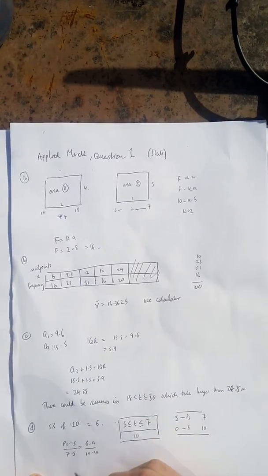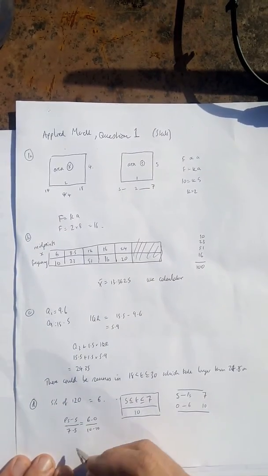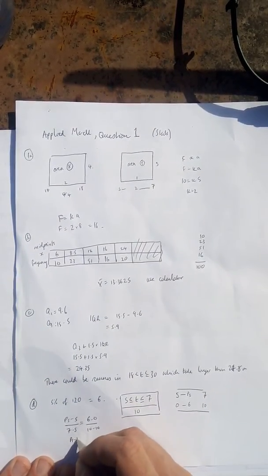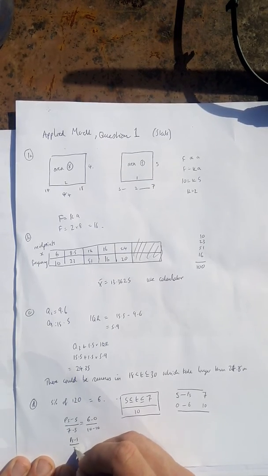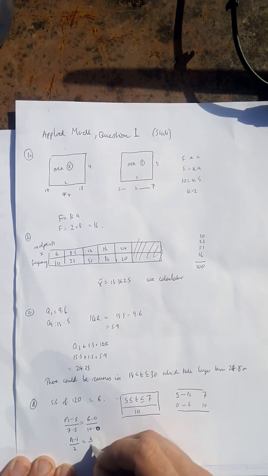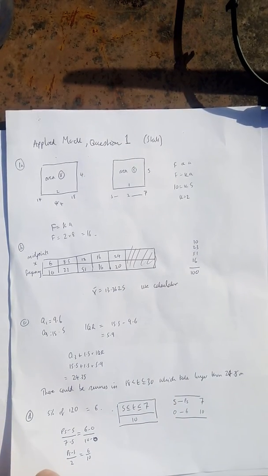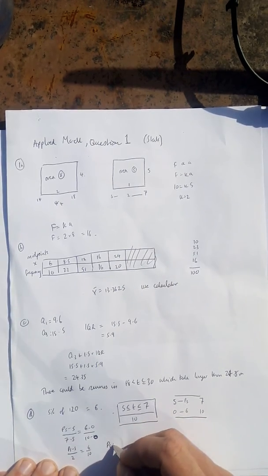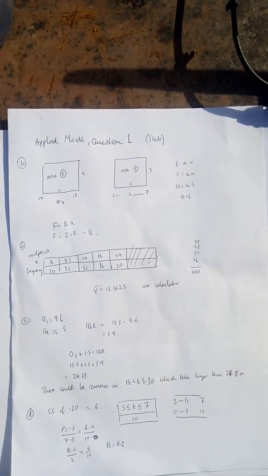If we simplify that, P5 minus 5 over 2 equals 6 over 10. So 6 divided by 10 times 2 plus 5 equals. P5 is equal to 6.2.